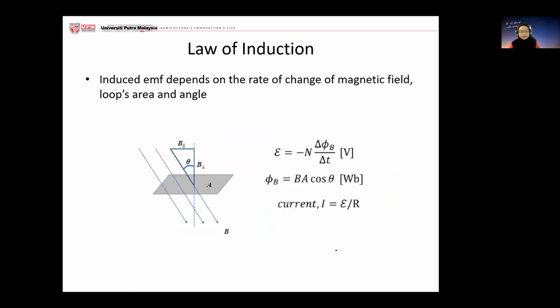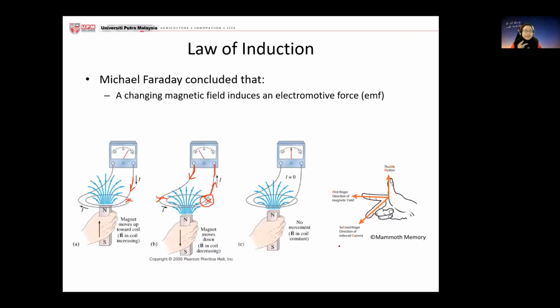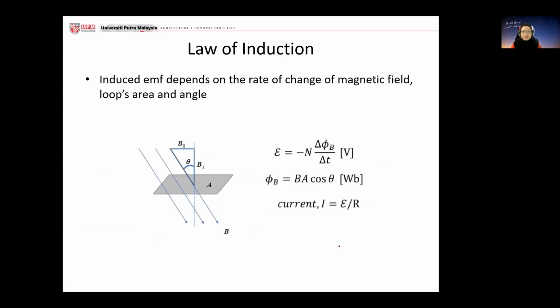All right. So basically, induced EMF. This is why it's called induction, electromotive force induction, right? Because actually the electricity is produced from the magnet, from the changing of the magnetic field, and the angles and everything.